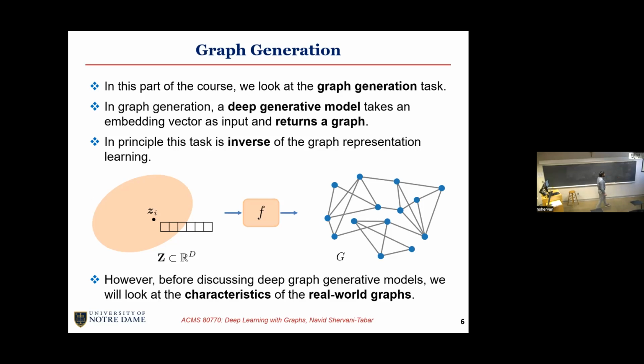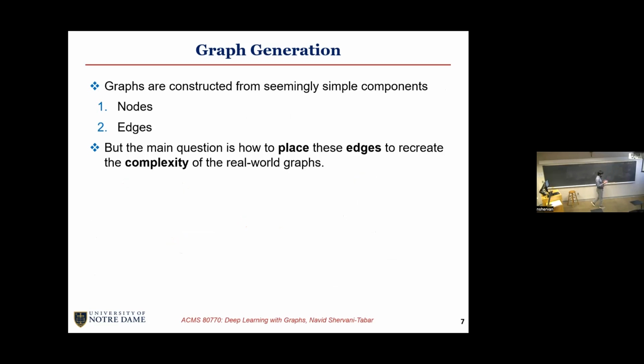Now, there are a few things that I want to discuss before moving on to the deep generative models. In general, before even talking about any machine learning algorithms, we want to look at how real world graphs look. A graph has very simple components: graphs are constructed from nodes and edges, and that's essentially it.